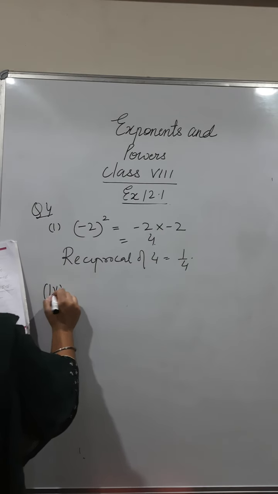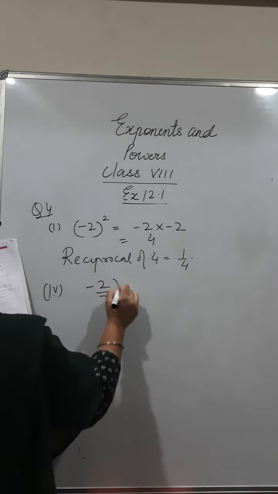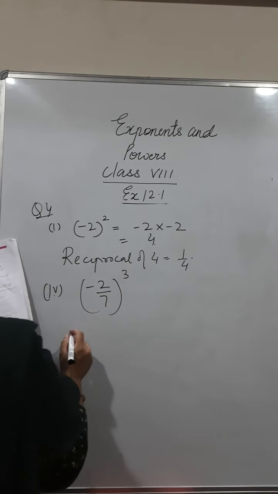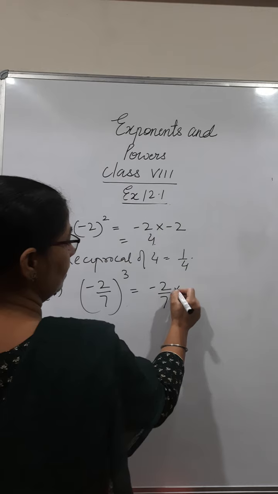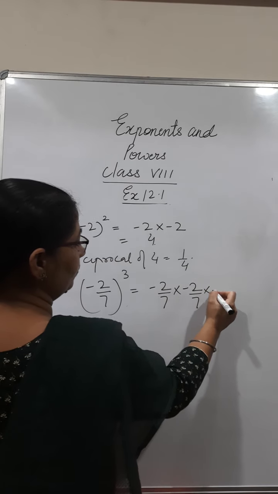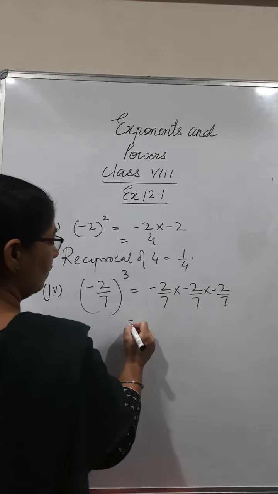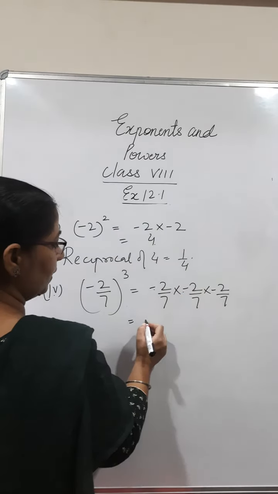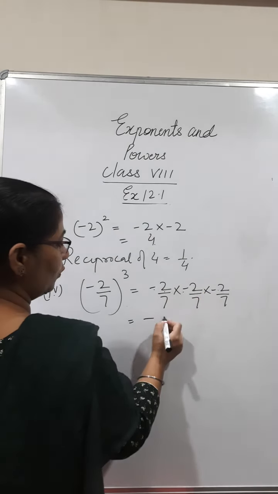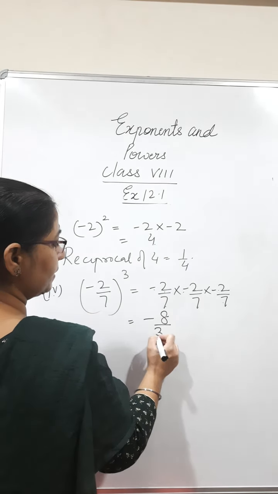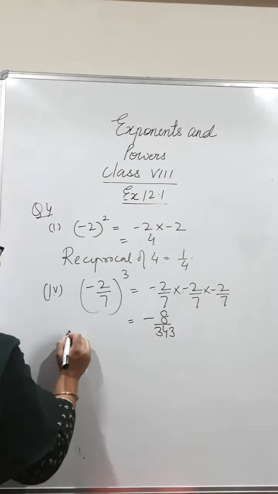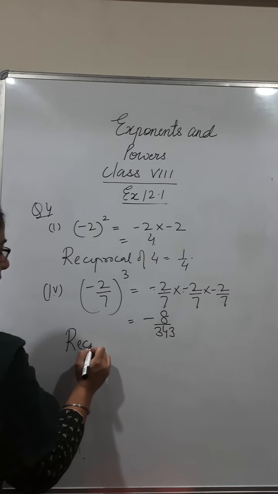Similarly, we can take the 4th part, which is (minus 2 by 7) power 3. So in (minus 2 by 7) power 3, you will multiply it 3 times. Minus 2 by 7, minus 2 by 7, minus 2 by 7, which is equal to minus into minus into minus is minus. 2 2s are 4, 2s are 8. 7 7s are 49. 49 multiplied by 7 is equal to 343. Now we have to take the reciprocal of this number.